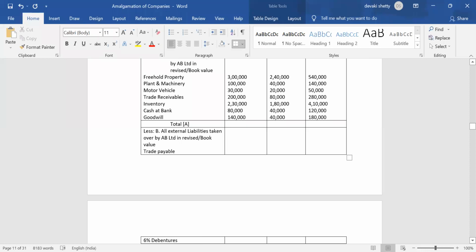Let us write. New value of creditors is not given. Add both of them. Debentures is there only in this, but how we will write, 1,20,000, new value is given.